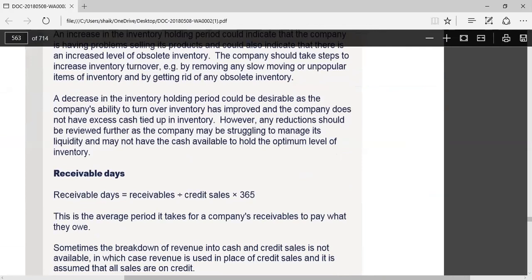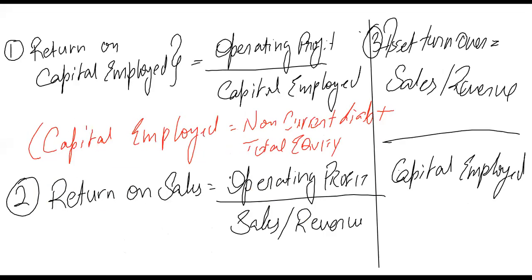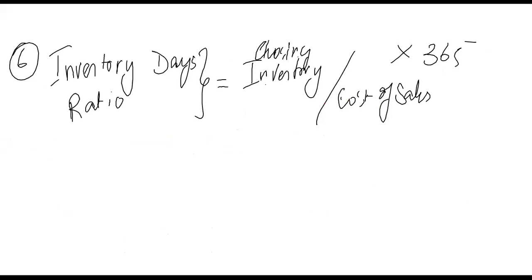So up till now, what are the formulas that we have studied? Let's see once again. We have seen return on capital employed, return on sales, asset turnover, inventory turnover. Let me renumber this and write it again. Sorry, this one is the fourth one.